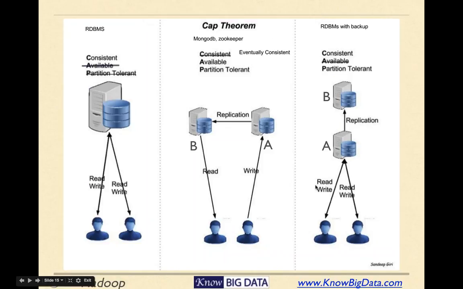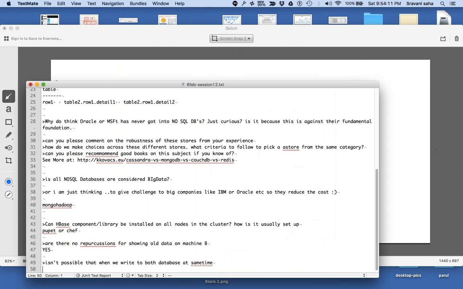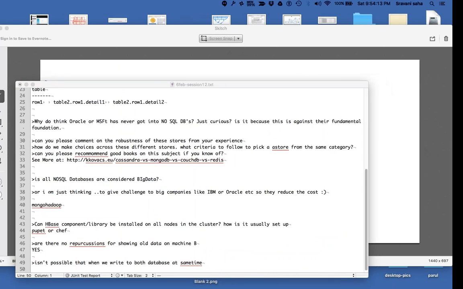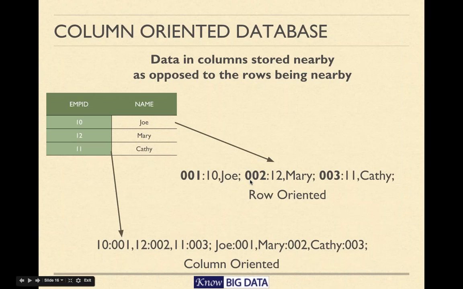All right, now let me move on. Another idea that you might find a little strange, but these ideas are important to learn: the ideas beneath the skin of a NoSQL data store.